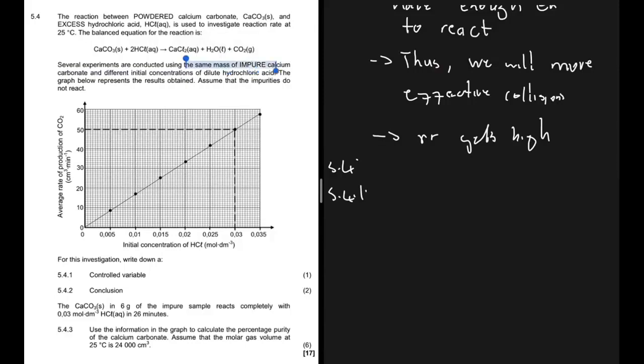Same mass of impure calcium carbonate. So for 5.4.1, we'll have mass of CaCO3, and that's one option you have. The other option is the temperature, right? They didn't say anything about the temperature, so you can go ahead and see that.